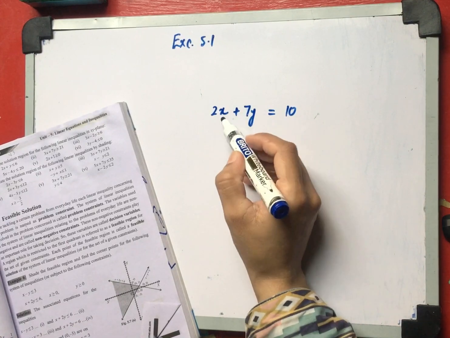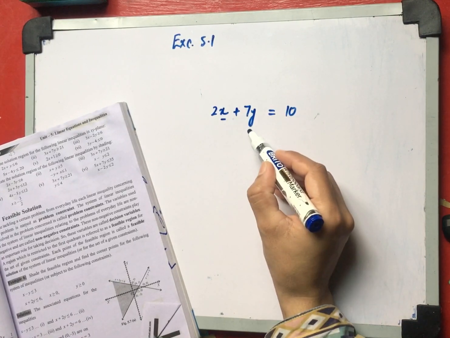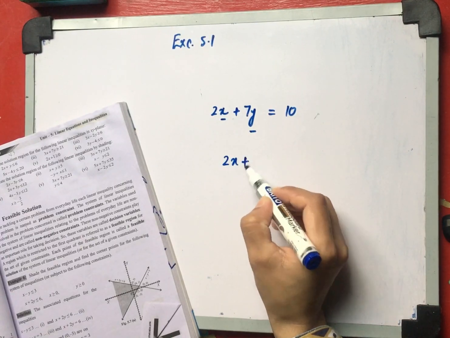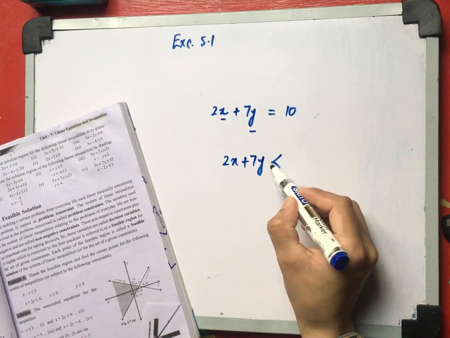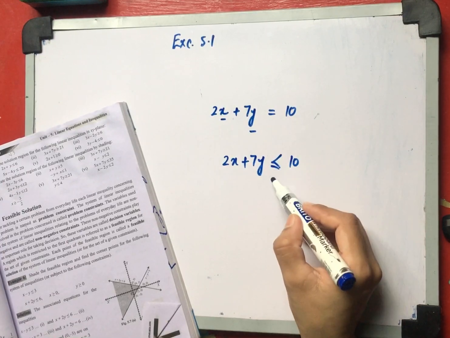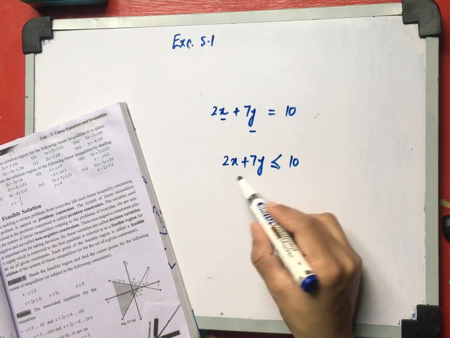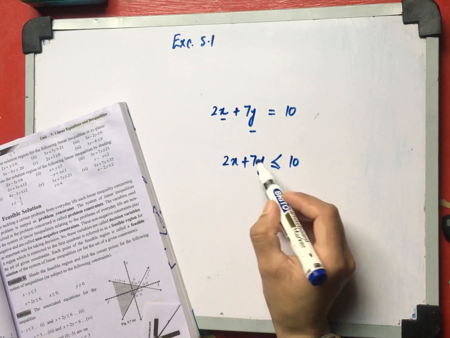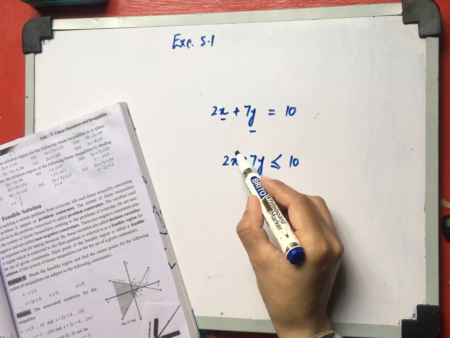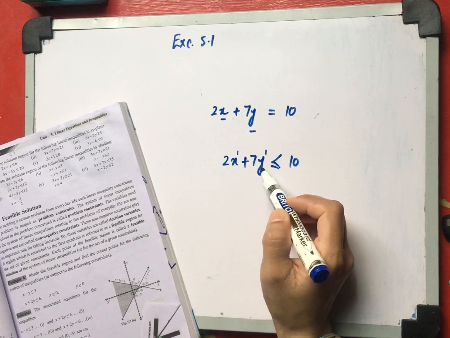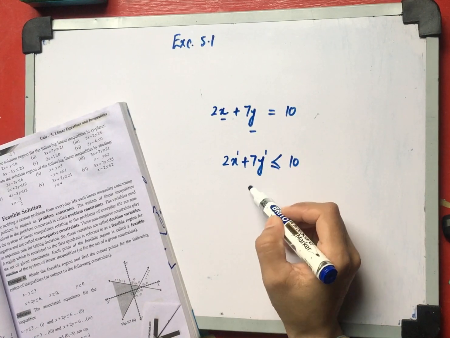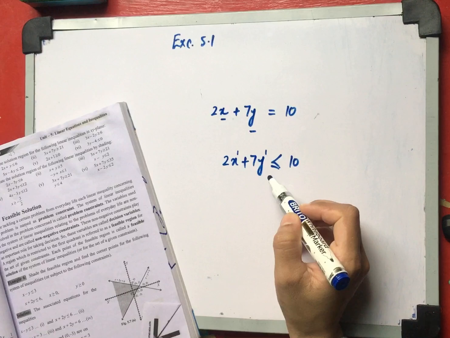Linear inequality means the variables appearing in the given inequality, like 2x plus 7y is less than or equal to 10. The equal sign is replaced by less than or equal, so it becomes an inequality. And what is linear? The variables having highest degree 1. Both variables appearing in this inequality have highest degree 1. So this is a linear inequality.